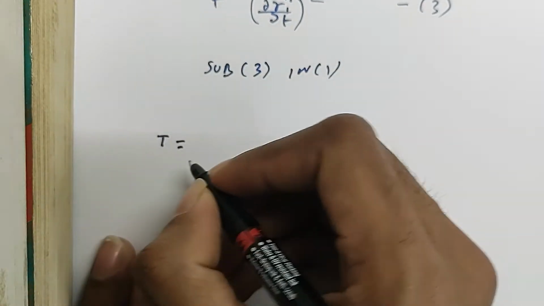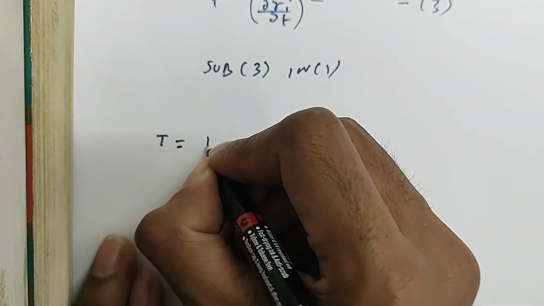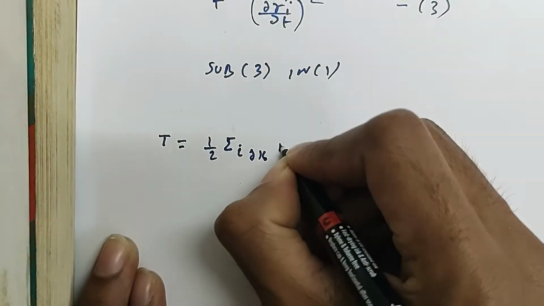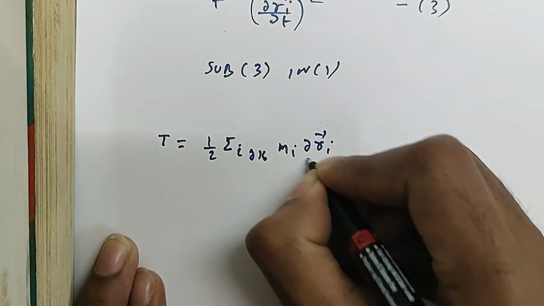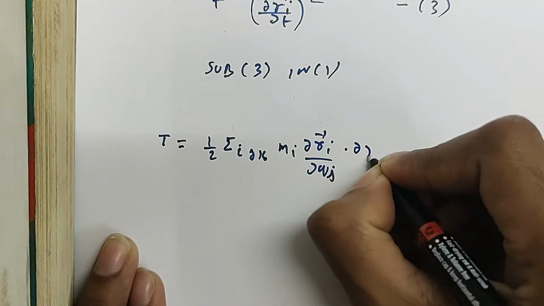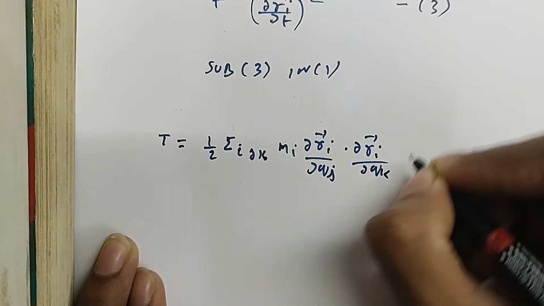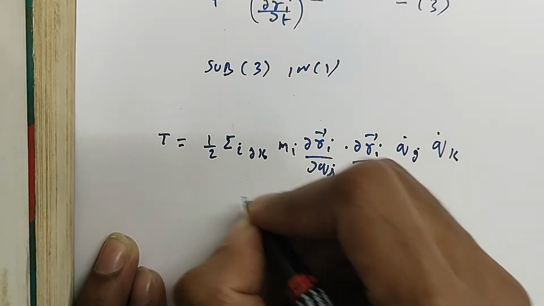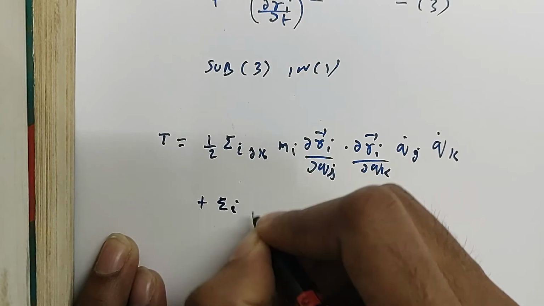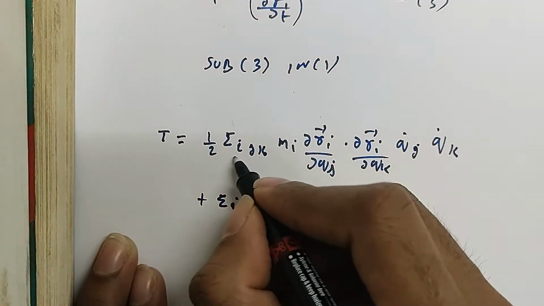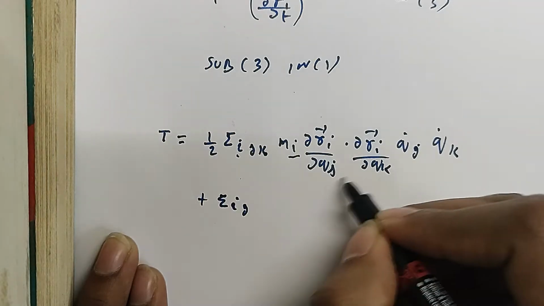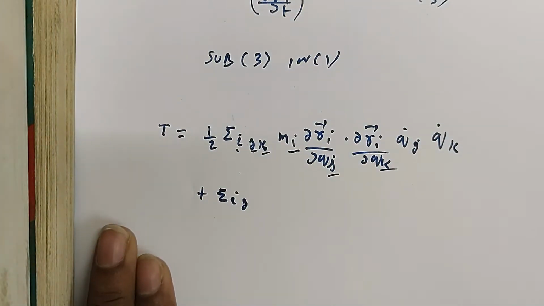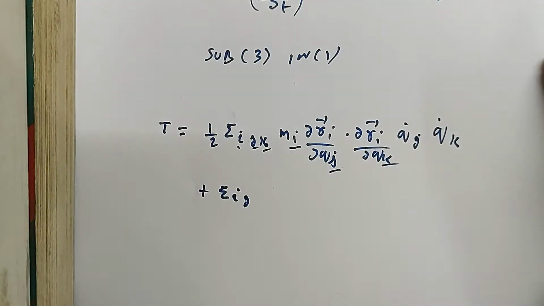So my kinetic energy expression would take the following form: half sum of i j k, m i, dou r i upon dou qj, dot dou r i upon dou qk, q dot j q dot k. Why i j k? Because I have an i term, a j term, and a k term. So the summation runs over i, j, k respectively.